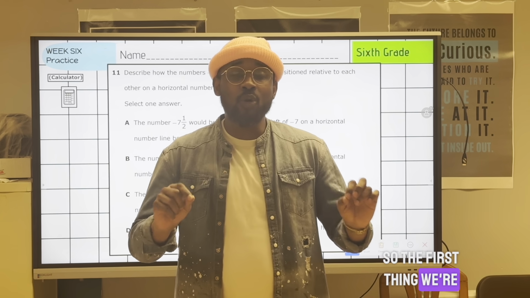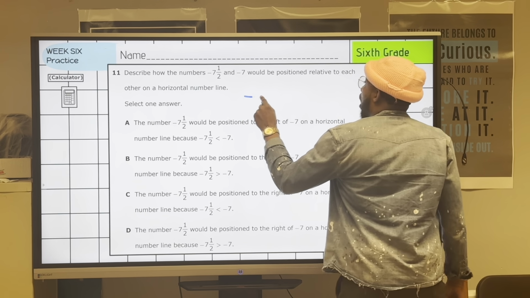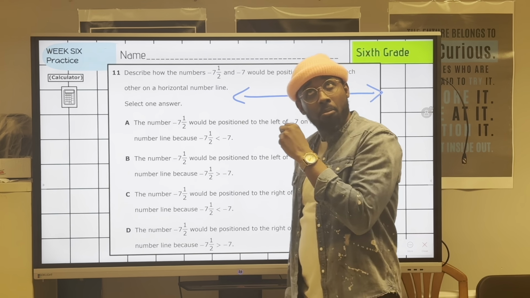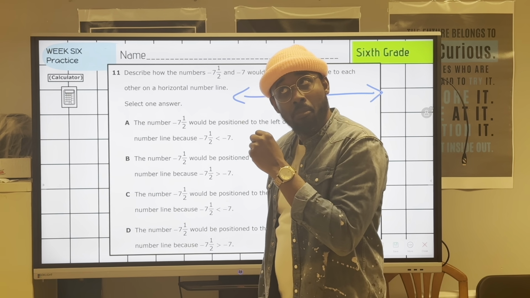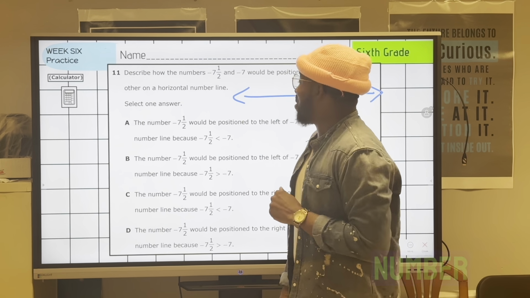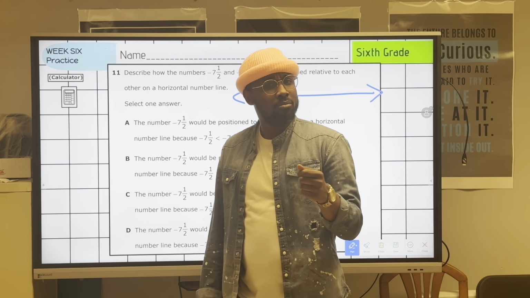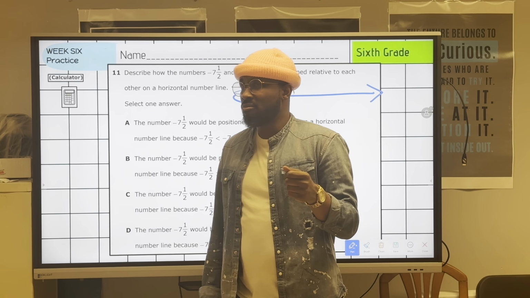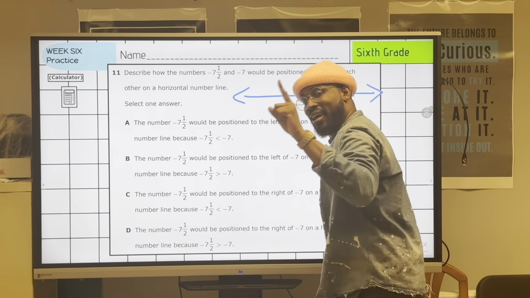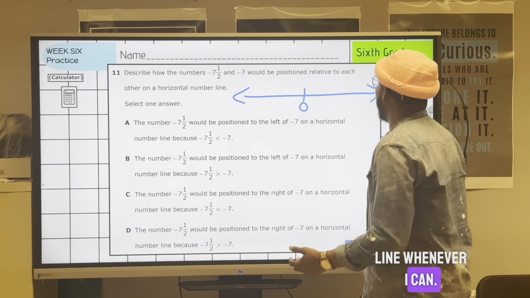So the first thing we're going to do is remember what number lines look like. So I am first going to draw a number line. Now that I've drawn my number line, I like to put a 0 in the middle of my number line whenever I can, all right?